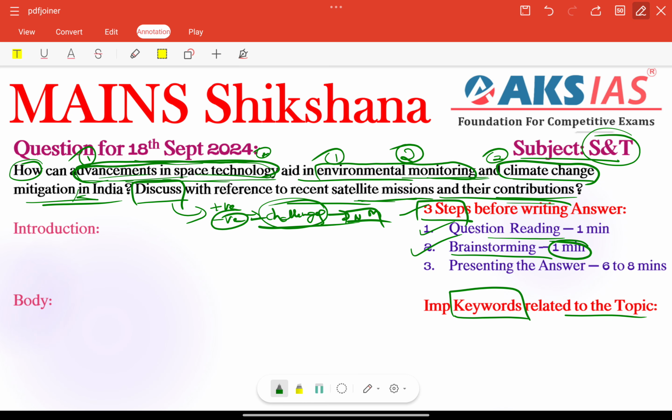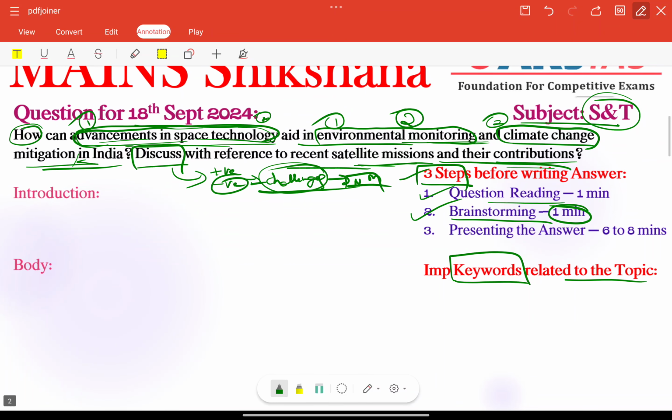What are the important keywords for this particular topic? Here we have so many recent satellite missions, right? We need to provide all these. That is the most important task. We have INSAT, the recent INSAT 3DS, right? We have EOS, Earth Observation Satellite 8, recently launched, right? We have some earlier observation satellites too.